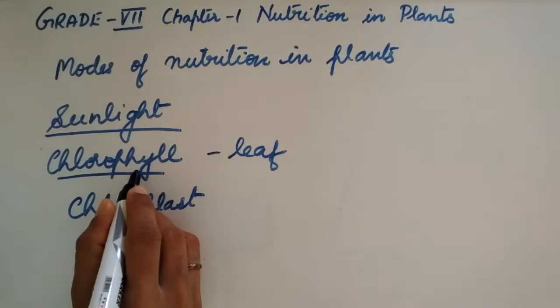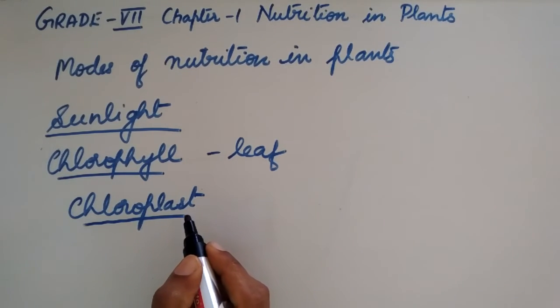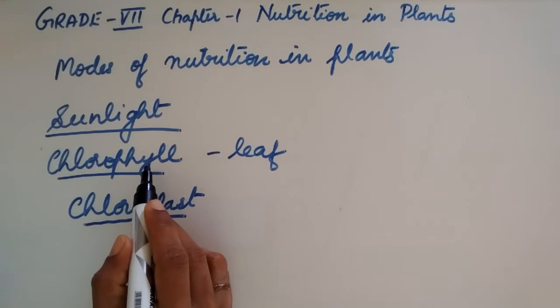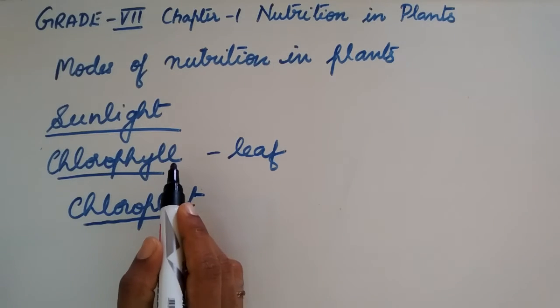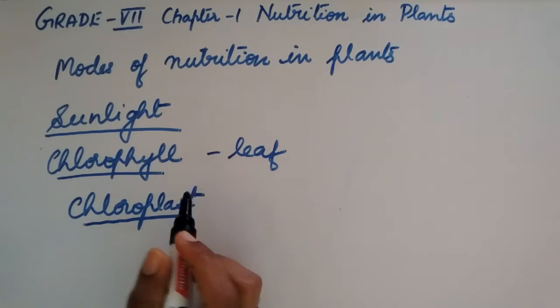So this chlorophyll is present inside this organelle called chloroplast, and it will trap the solar energy, which is then used as chemical energy in photosynthesis.